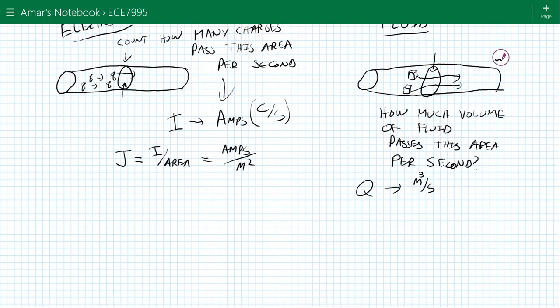So let's define this. Let me write this down. So this is current, I, and then this is current density. All right, on this side we have, this is called the volumetric flow rate, or we'll just call it flow rate for short.